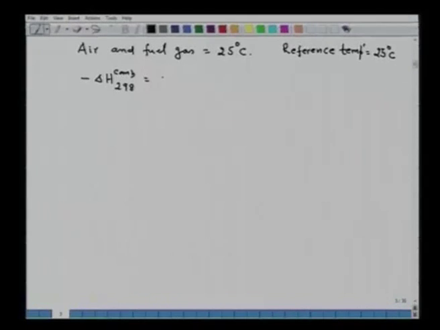So, minus delta H 298 heat of combustion, if you calculate, will come out to be 184 into 10 to the power 3 kilocalorie, with H2O in gaseous state.